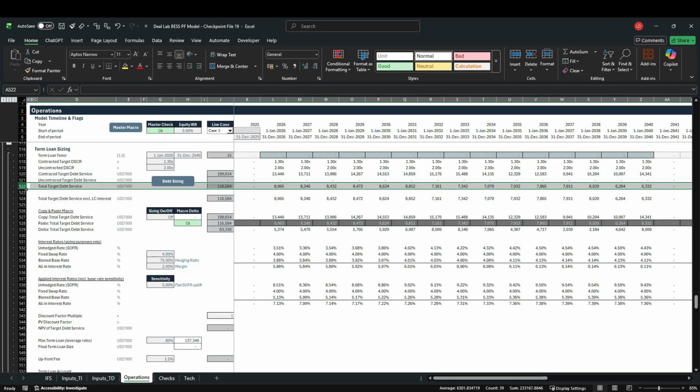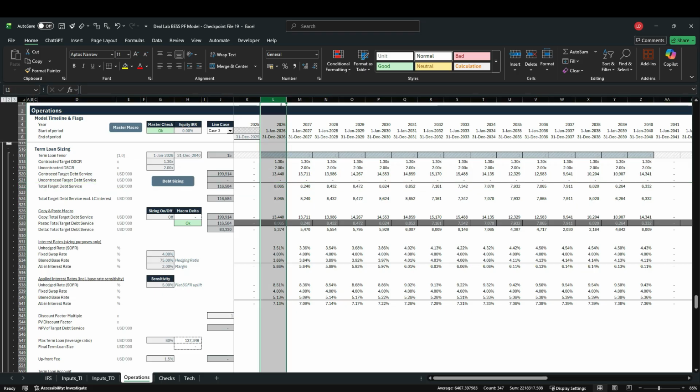And to determine the ultimate term loan amount, we treat each year's target debt service like a cash available to repay debt. And what we will do in each respective period is discount each period back to financial close at the cost of debt in that specific period. So this total target debt service here will be discounted at the cost of debt in the respective period.